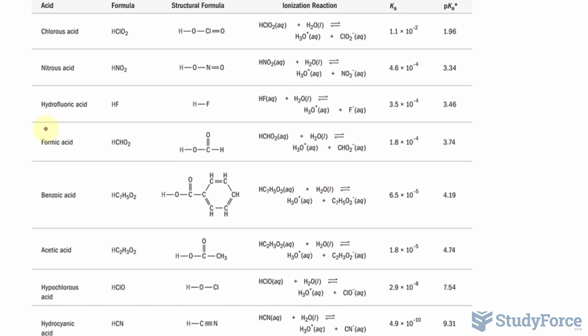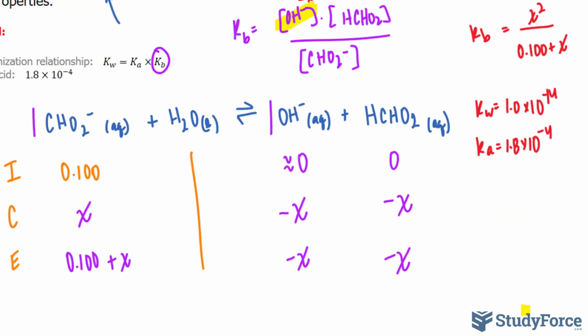I happen to find it right here, and I will write that in. Using the relationship shown here, we can find Kb and then substitute that value into the equilibrium expression. The formula is Kw is equal to Ka times Kb. I'll substitute this value here and this value into here and solve for Kb.